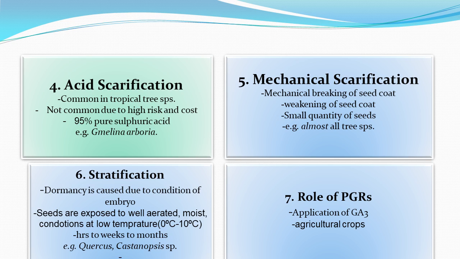So by applying GA3 to agricultural seed, we can achieve proper germination and increase the rate of germination in agricultural crops. So these seven are the major methods of breaking seed dormancy in economically important crops.